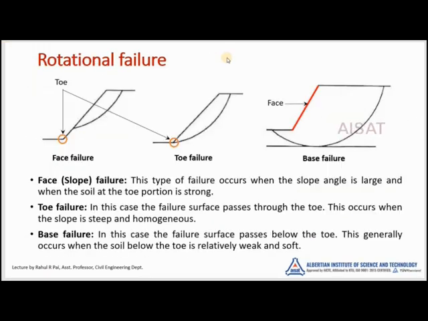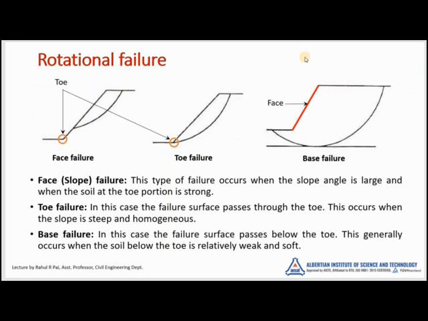Next is rotational failure. That means the failure surface will be rotating and toppling down. There are three types of rotational failure: face failure, toe failure, and base failure. Before moving on to the discussion, let us get some idea of the parts of a slope.